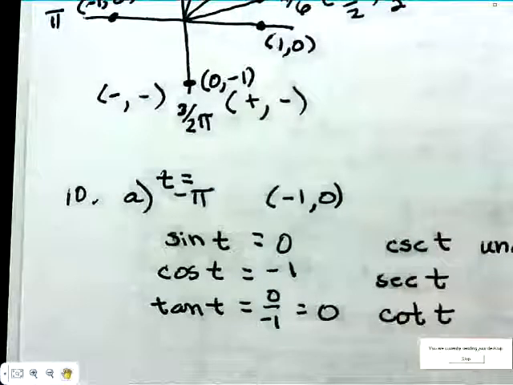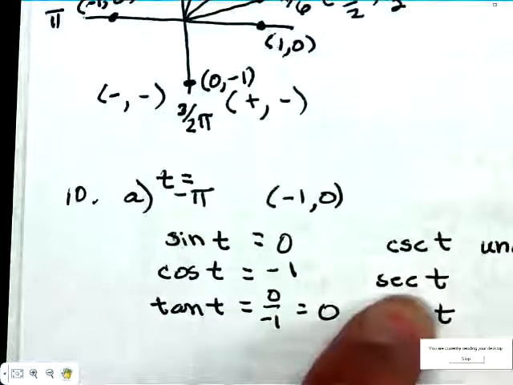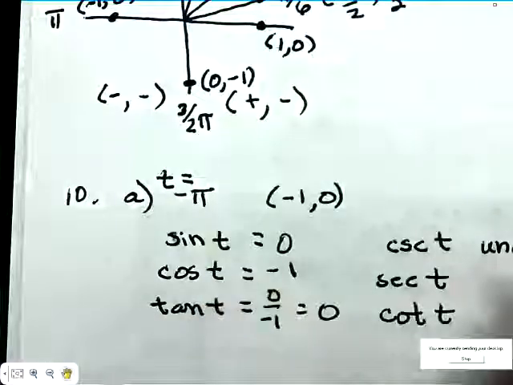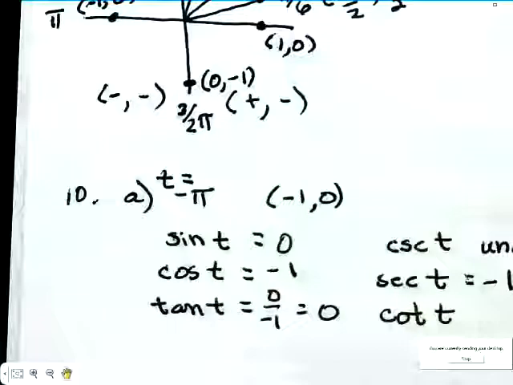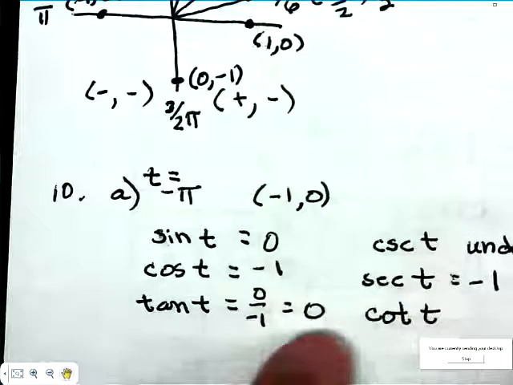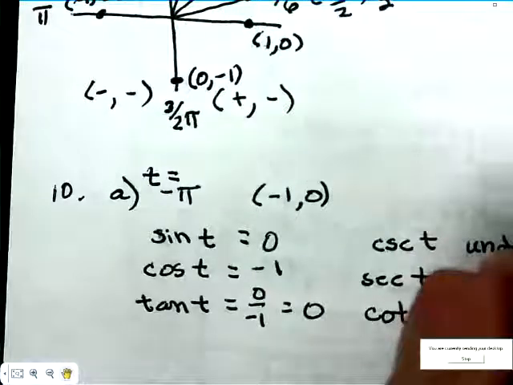What about secant t? The reciprocal of cosine, reciprocal of -1, is still -1. What about cotangent t? That's the reciprocal of 0 again, which is undefined.